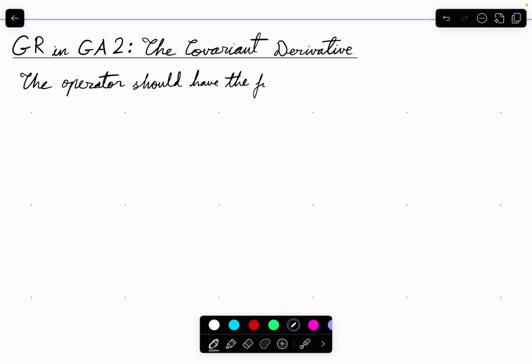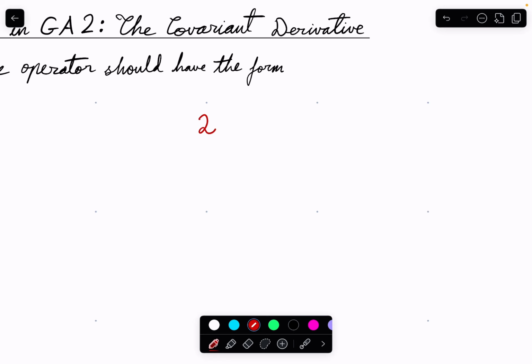We denote the covariant derivative with D mu, and it's the traditional derivative, plus something called gamma, which is called the connection.